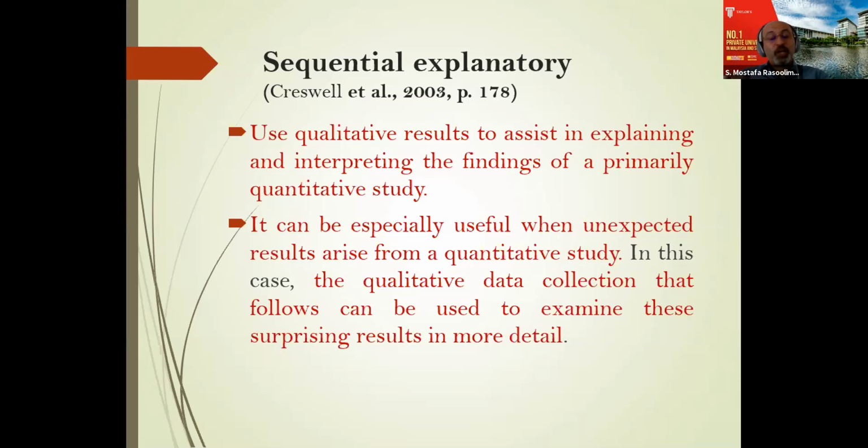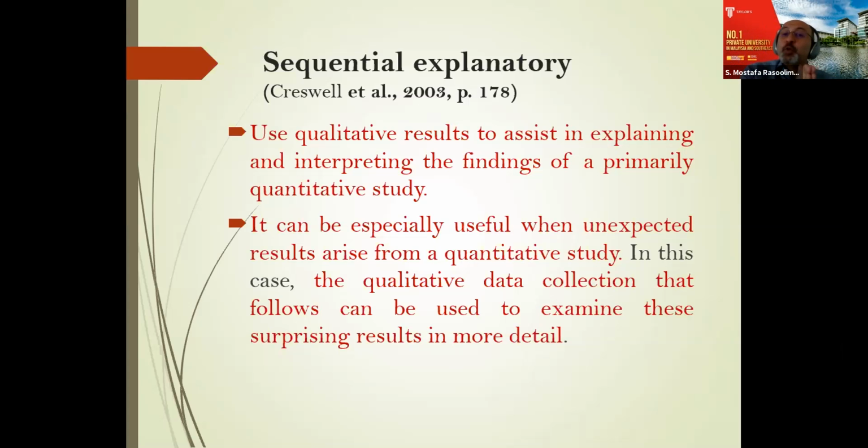So we have to collect data from different sources, or collect data qualitatively and quantitatively from the same respondent. We don't need to wait for the result of quantitative to decide for qualitative.